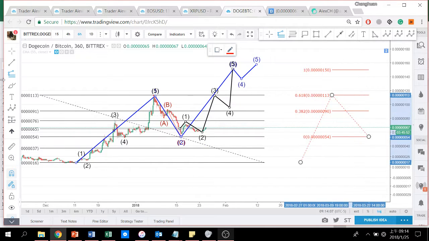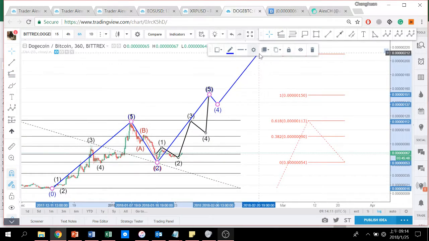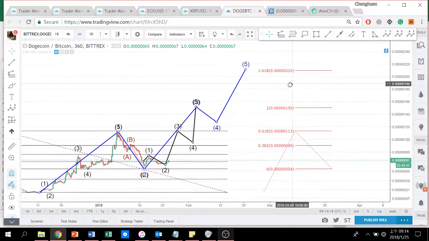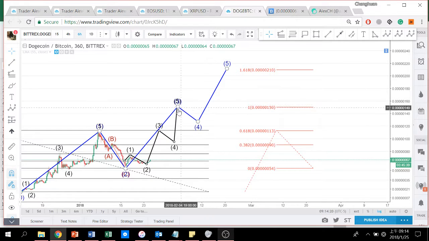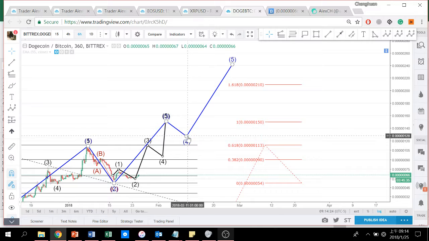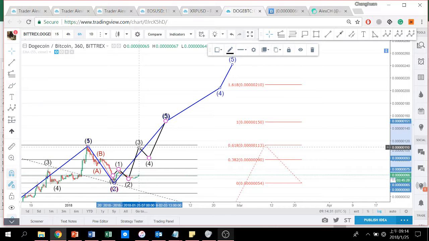We could probably expect it to land somewhere around, let's just go with a one-to-one movement, right? It might shoot up to here, right? It might shoot at 210. Probably not, but let's just be conservative, right? So if that's the case, we would probably expect something like this, right? 1, 2, 3, 4, 5.